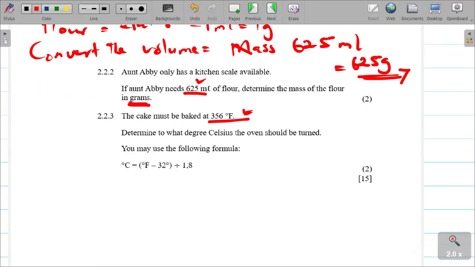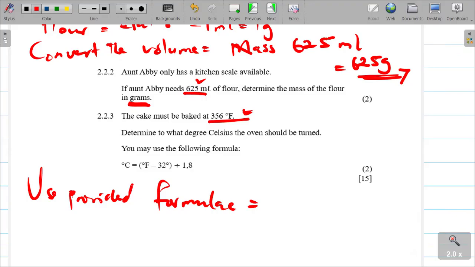So we use the provided formula in this case.